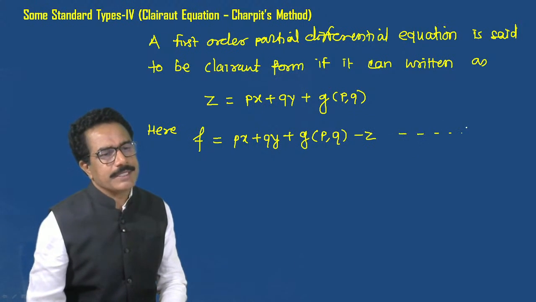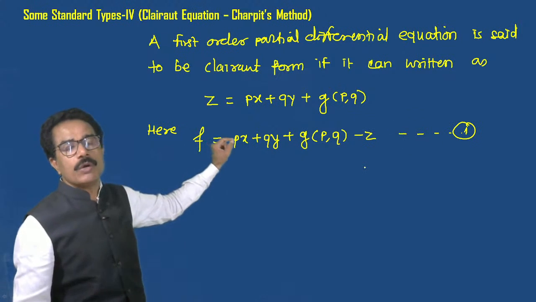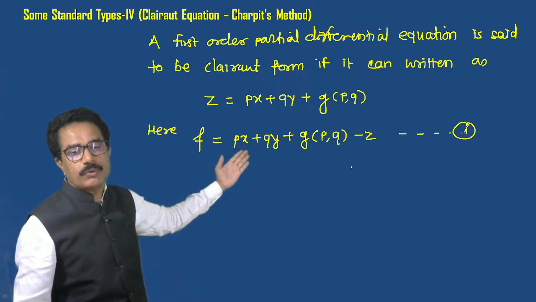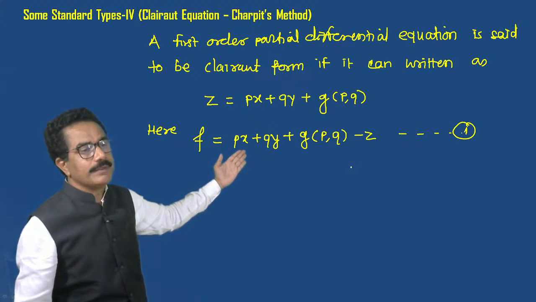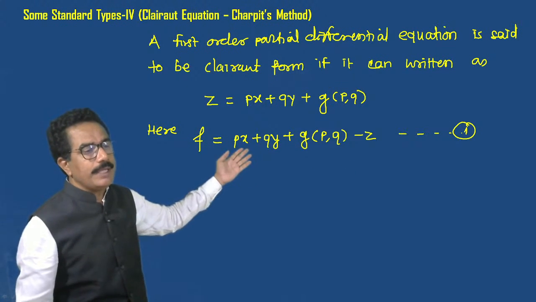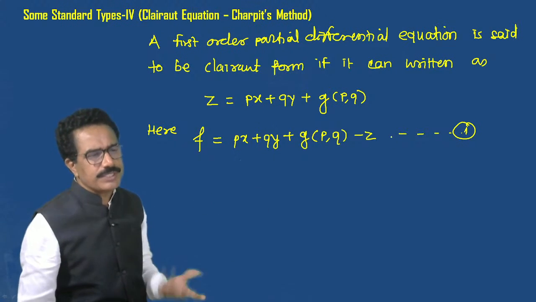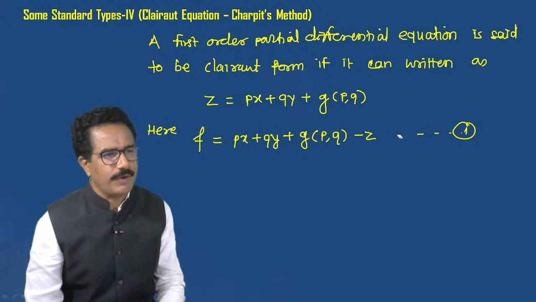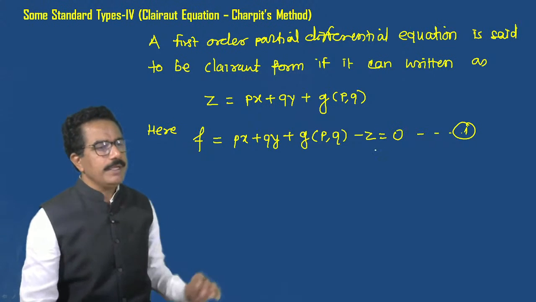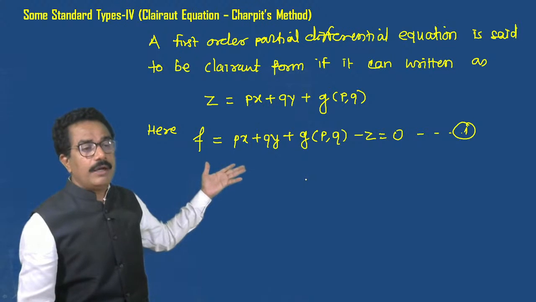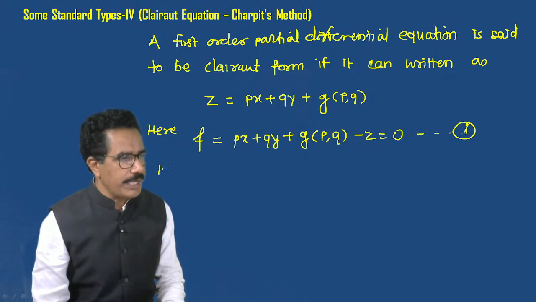We represent it this way because we have to use Charpit's auxiliary equations. So we have to represent this equation f in the form px plus qy plus g of p comma q minus z, which is equal to 0. Now you can use the Charpit's auxiliary equations.